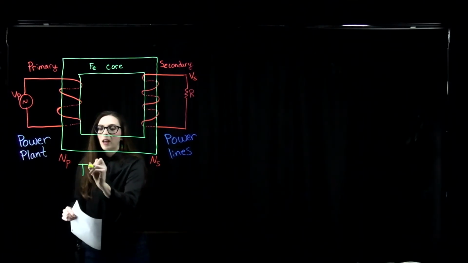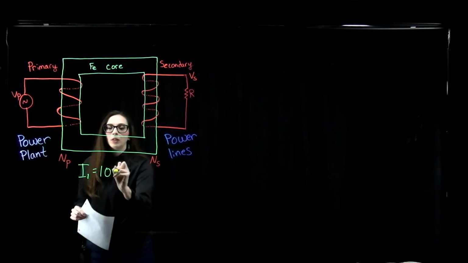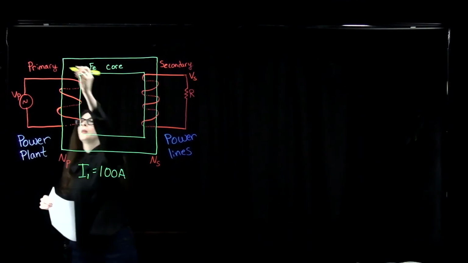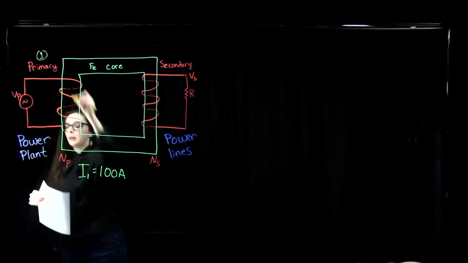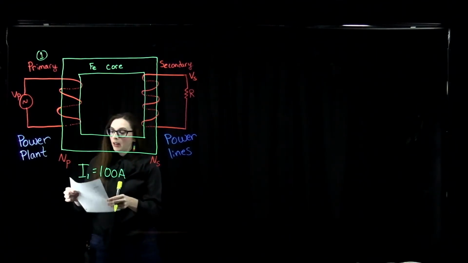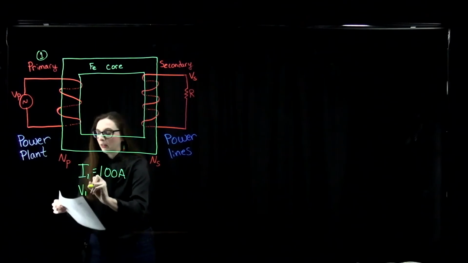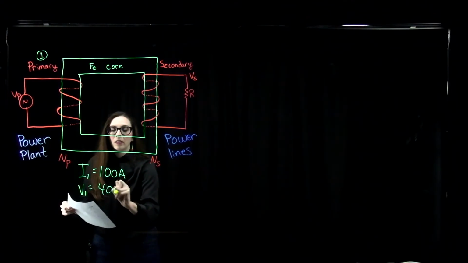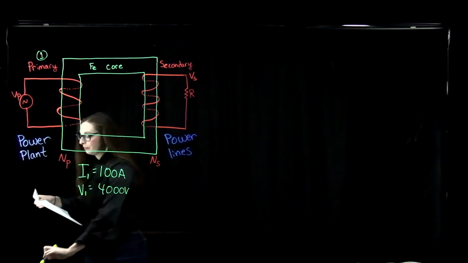I'm going to call this I1 equals 100 amperes of current. Well, my primary is 1, right? And it's producing this current at a voltage, V1, of 4,000 volts.